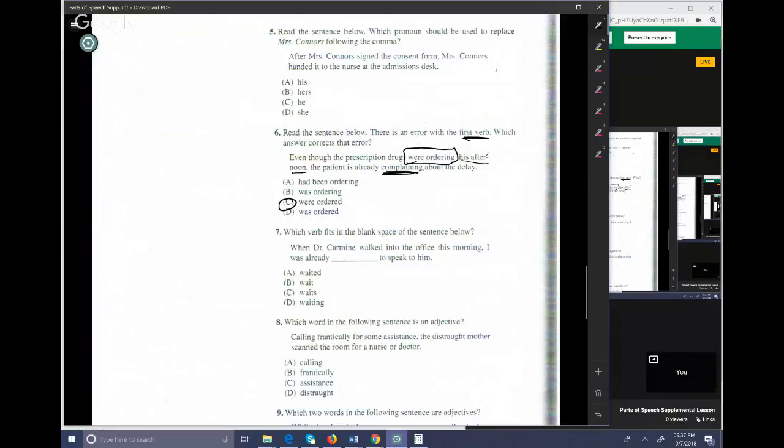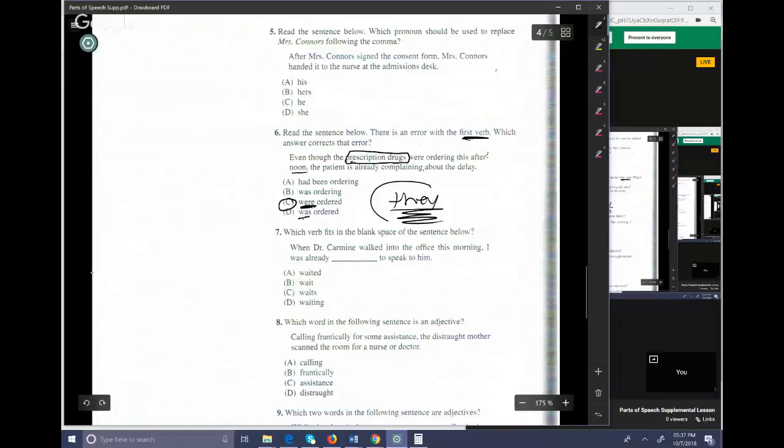And the were, just as a side note, the reason I'm going with were as opposed to was is this is a situation where they would be the noun because it's prescription drugs with a plural. So if you referred to these again later in the sentence, just like the question we just did, you'd refer to them as they because it's prescription drugs and it's plural and there's more than one. And we're not referring to it as a group of drugs. We're referring to it as drugs.